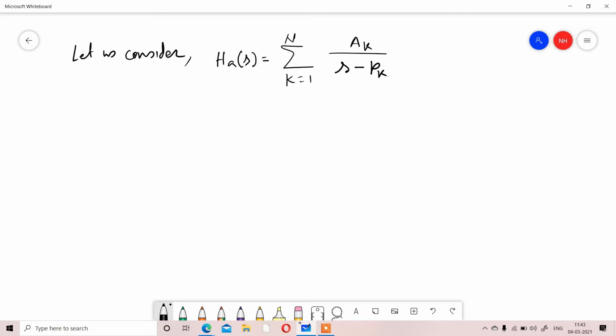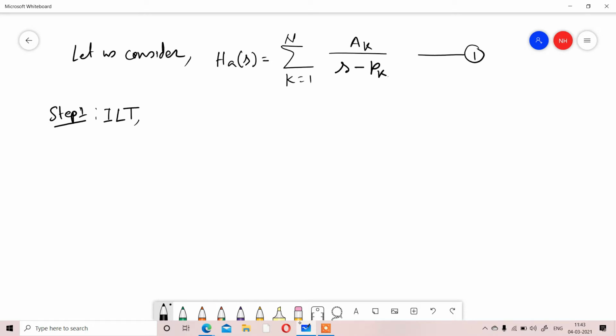So this is your H(s) value. If this is your H(s) value, then what is your first step? I have told you, step 1, that you need to convert it into h(t). That means you have to apply the inverse Laplace transform.